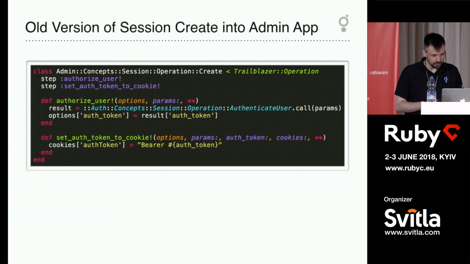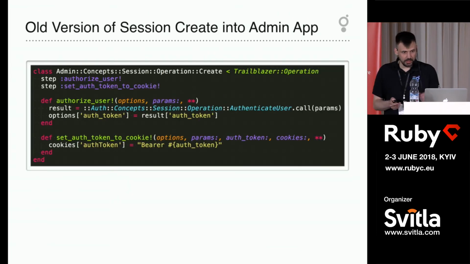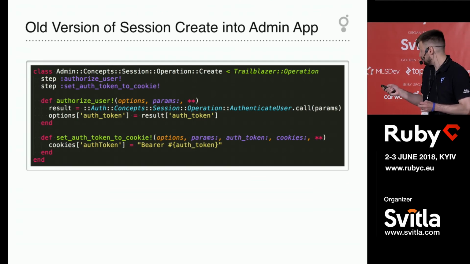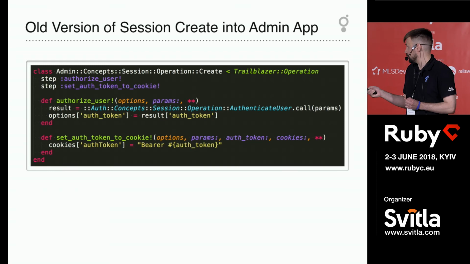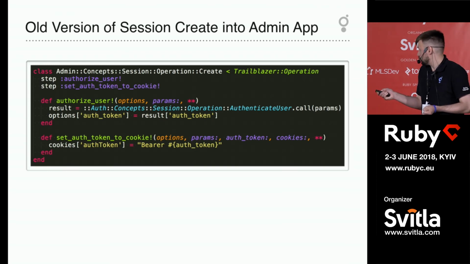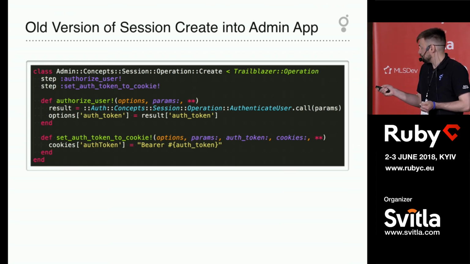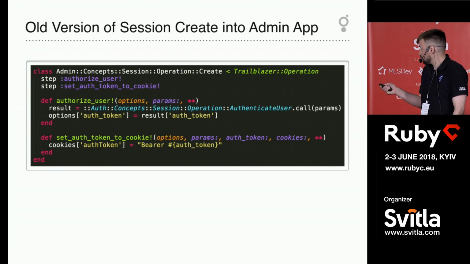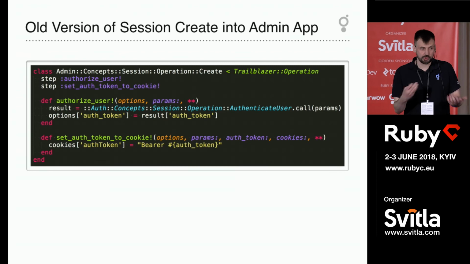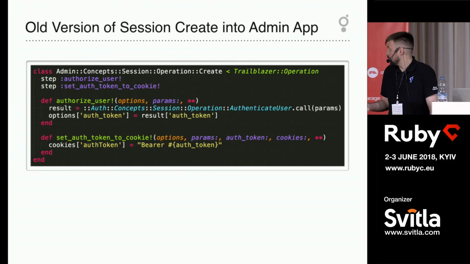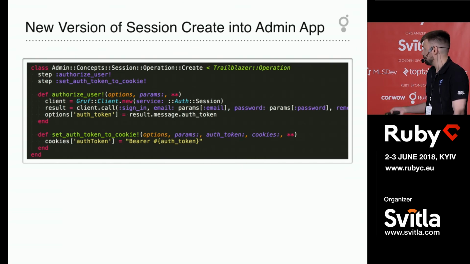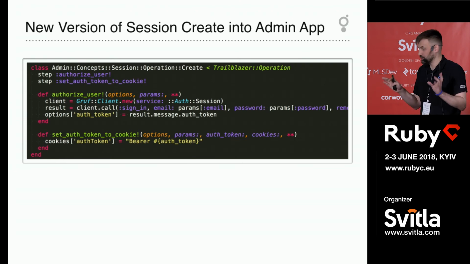And how we used our authorization process before in the admin panel. We just used the authentication domain, and we used some domain operation, and that's all. In our case now, we need to change it a little bit because we created a separate application, absolutely physically separate.